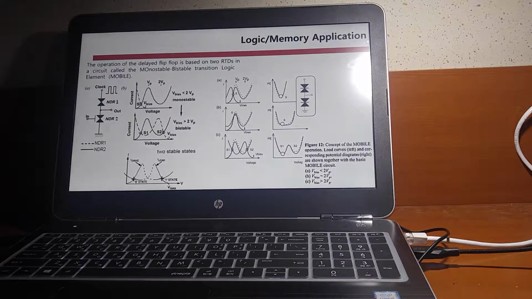And next we have learned about logic memory application. The operation of the delayed flip-flop is based on two RTDs in a circuit called the monostable-bistable transition logic element.